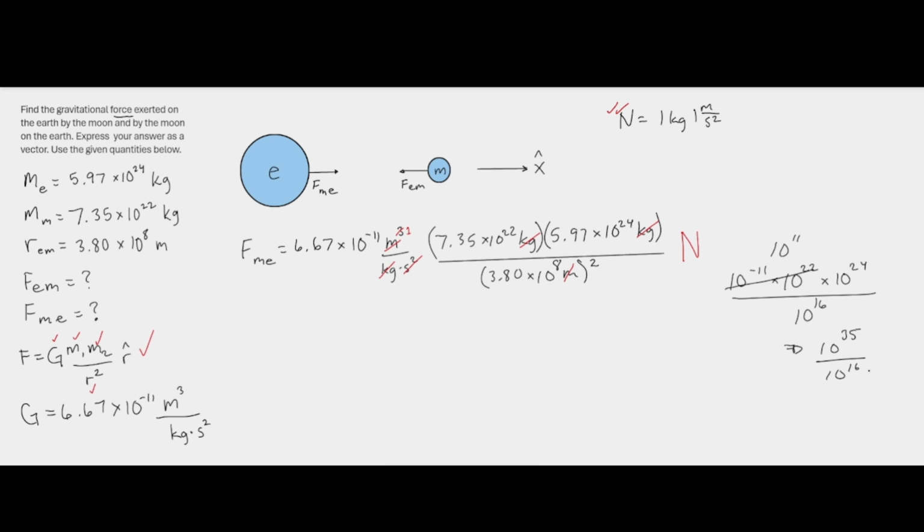And if we have exponents, one in the numerator and one in the denominator, well, now we take 10 to the 35 minus 16, and that is going to be, let's see here, 10 to the 35 minus 10 is 10 to the 25. 10 to the 25 minus 6 is 10 to the 19th.